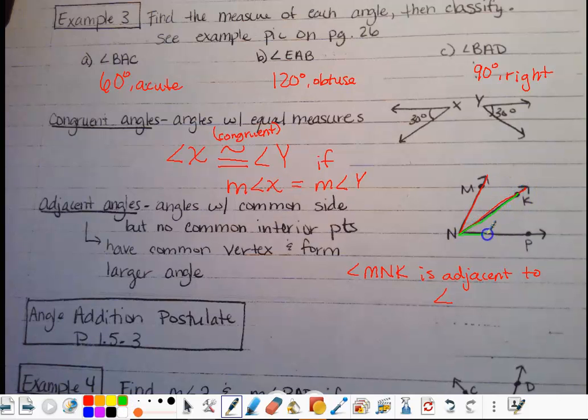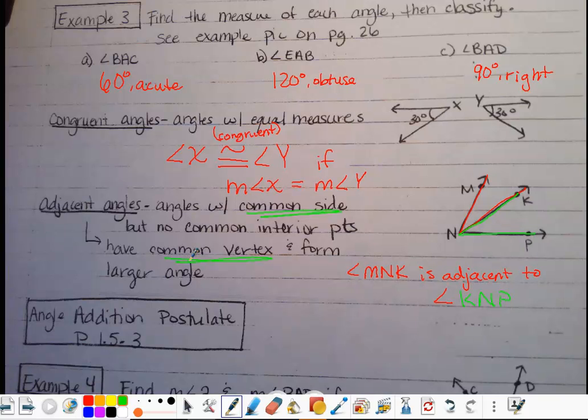Yes, KNP. So they're adjacent because they have a common side, which is KN, and they have a common vertex, which is the N. You got it. Adjacent just means beside each other, right? Like Tori is adjacent to Justice. They're side by side. That's the same thing. You're good.